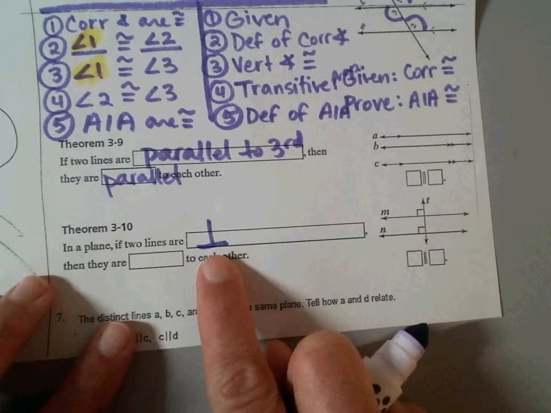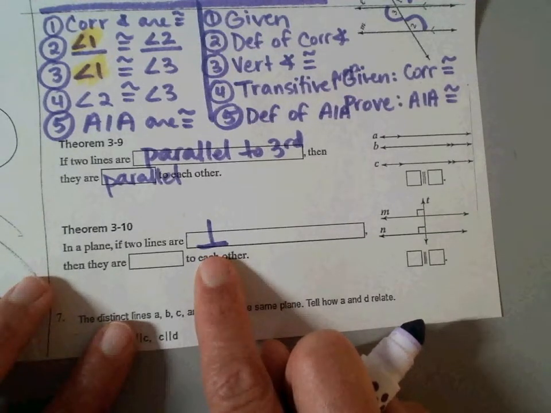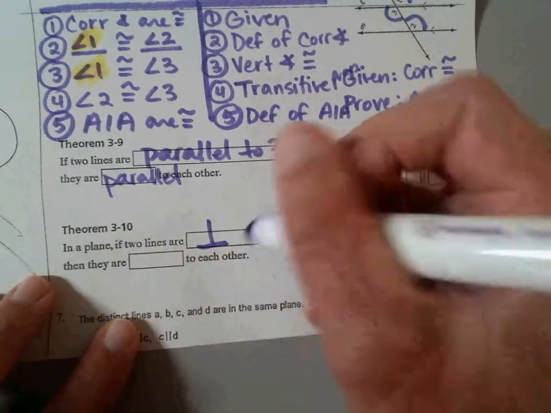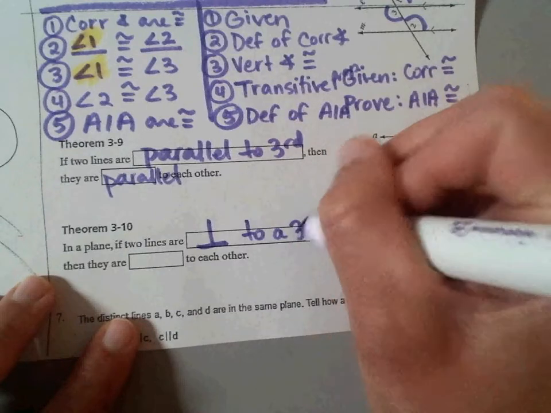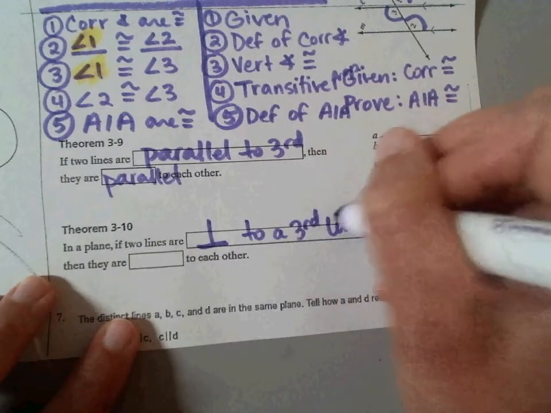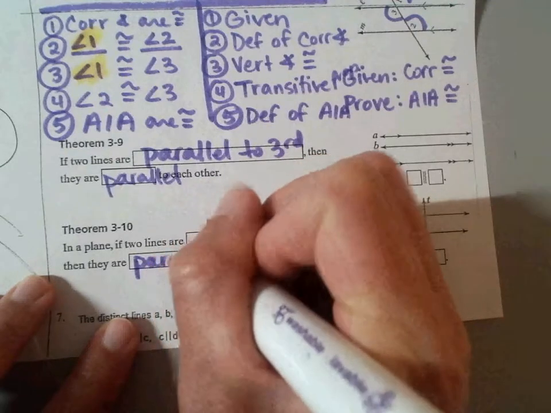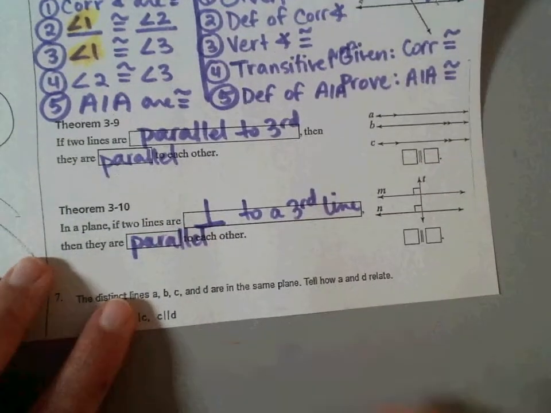What kind of angles do perpendicular make? How many degrees? 90. Remember perpendicular make 90 degrees or right angles? So if 2 lines are perpendicular to a third line, then they are parallel to each other.